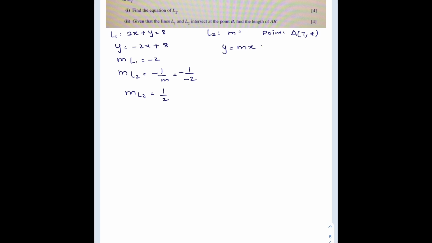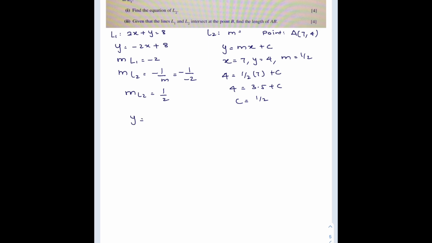Now I have a gradient and I have a point. So I'm writing y equals mx plus c. So x is 7, y is 4, and m is half. Let's substitute. So 4 equals half times 7 plus c. So 4 is 3.5 plus c. C is 4 minus 3.5, which is 0.5.